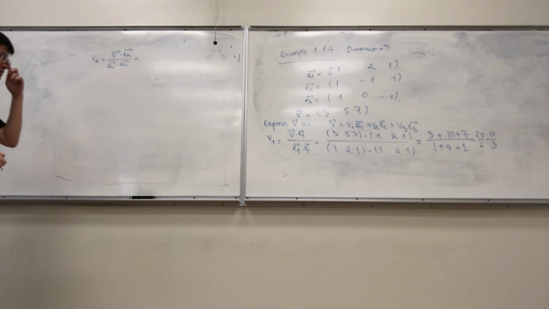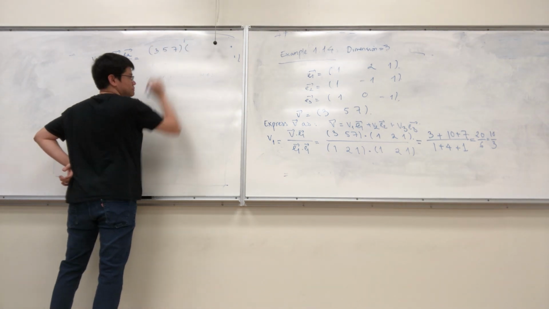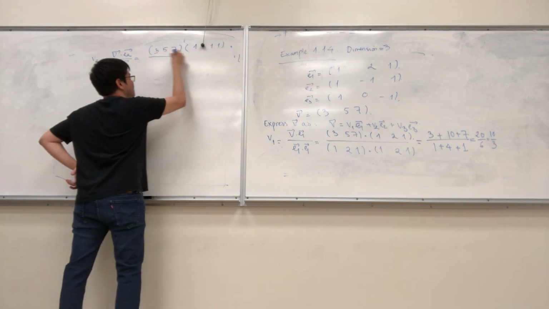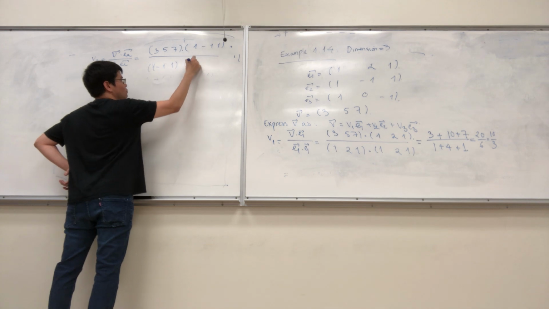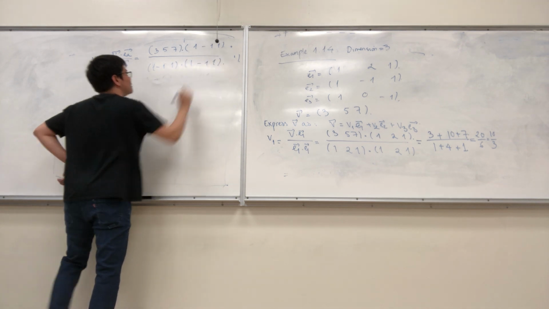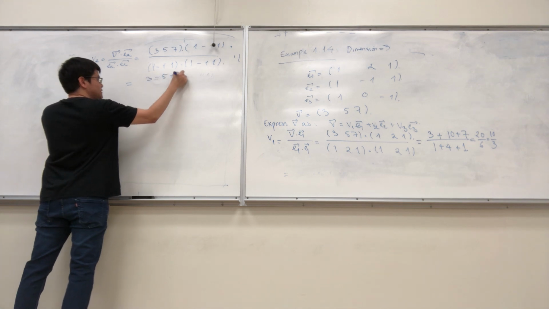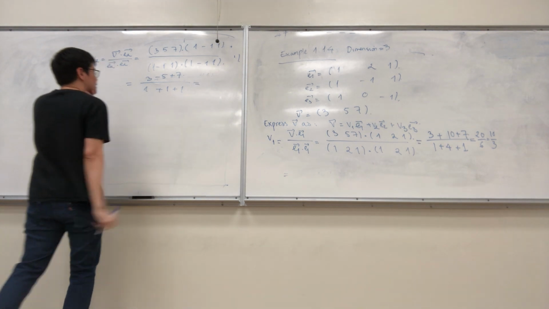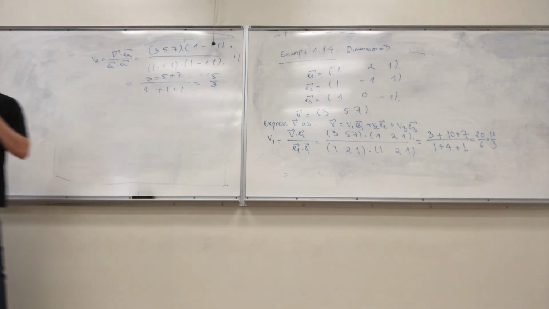And this is (3, 5, 7) times (1, -1, 1) divided by (1, -1, 1) times (1, -1, 1). Right, so this is 3 minus 5 plus 7 divided by 1 plus 1 plus 1. And this is 5 over 3. All right?